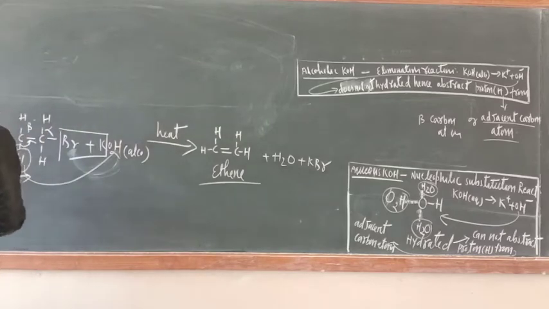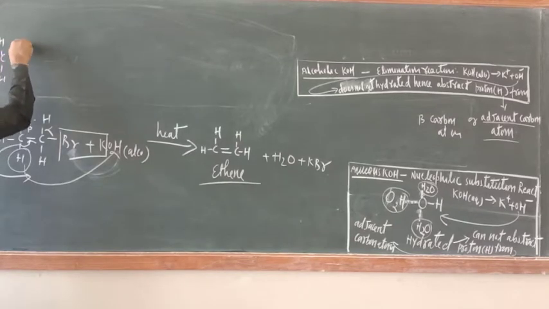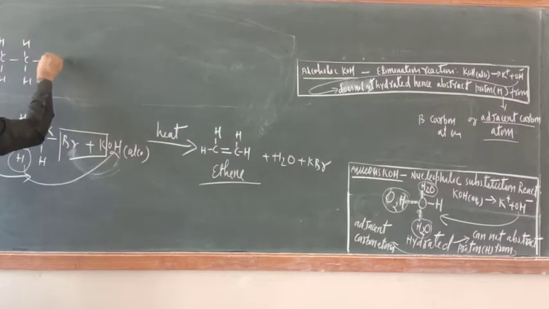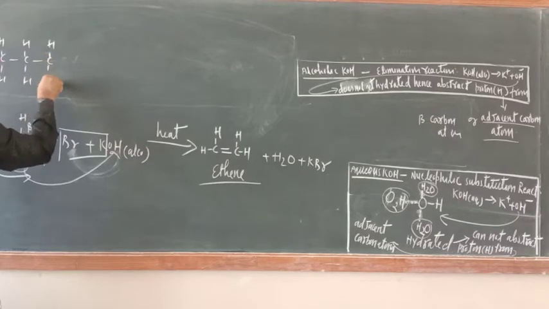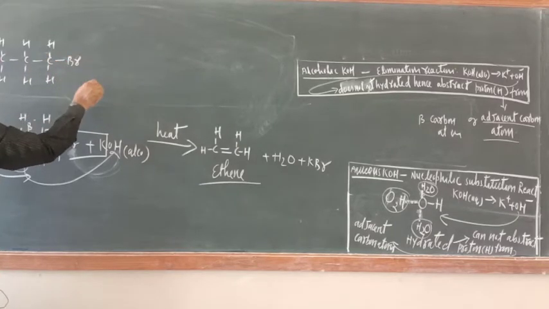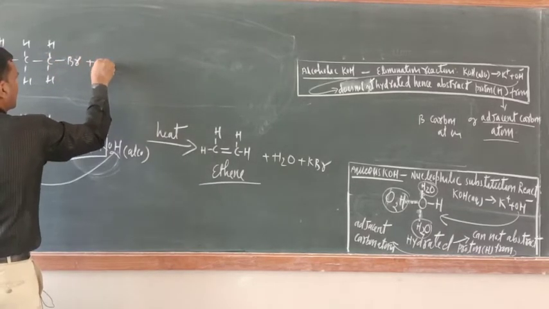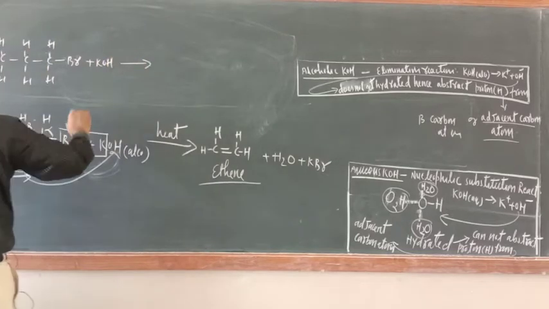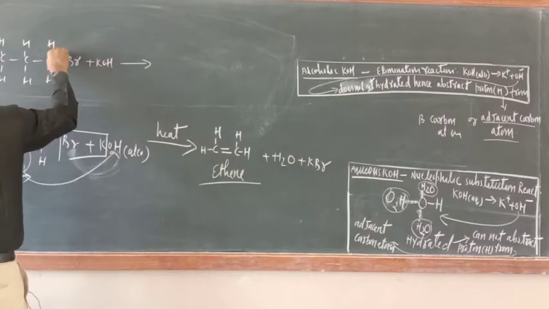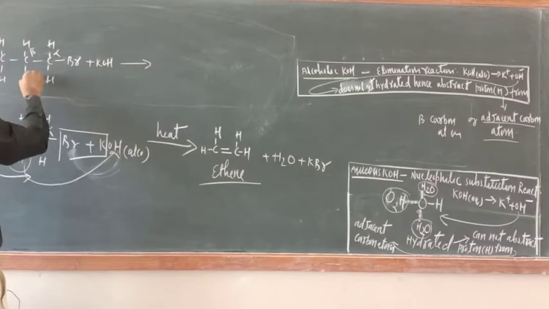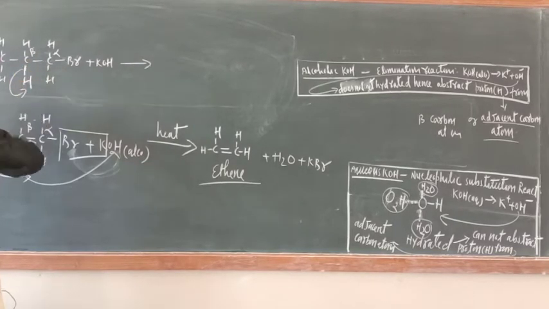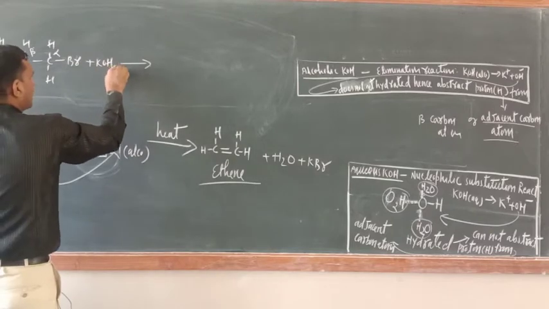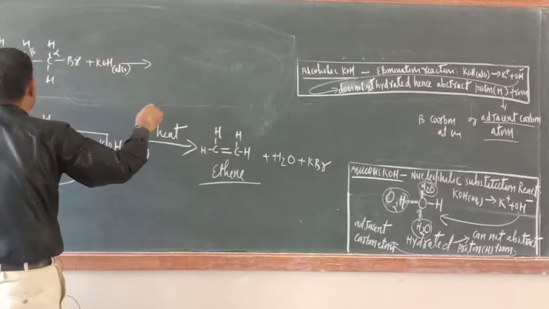Now we can take another example also. Just try to understand. Suppose I am taking this one, CH3CH2CH2Br, plus KOH. This is alpha, this is beta. This hydrogen will be abstracted by alcoholic KOH, so you have to write alcoholic KOH here.